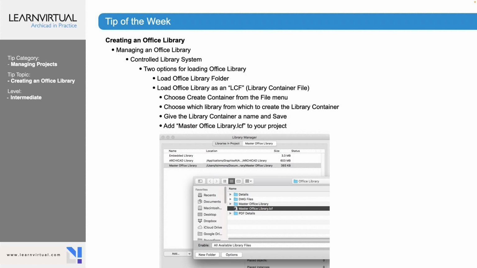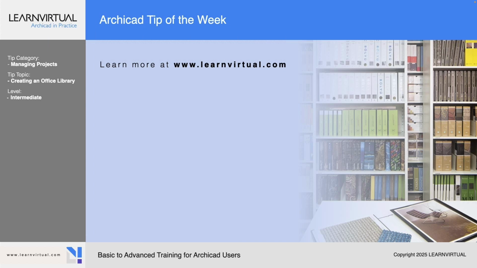Then you can add that master library.lcf to your project just like you would add a folder. The advantage, again, is that it's going to load faster, and people can't haphazardly add stuff to it, because it's a contained, single file, kind of like a zip file, that has all of your master office library objects within it. And that is our tip of the week.